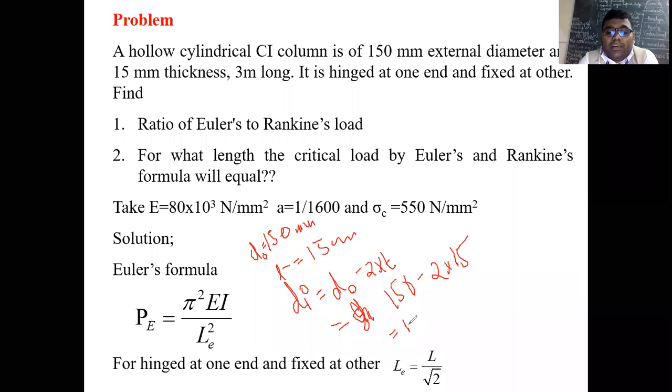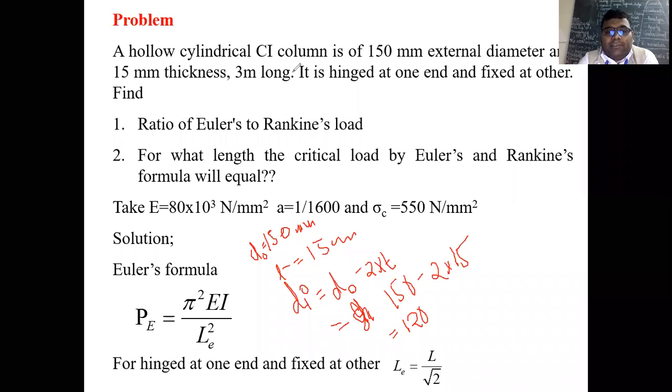So d inner is equal to 120. This way you can calculate the diameter of the inner cylinder. So there are two diameters, inner and outer diameter, of the given cylindrical column, which is made of cast iron material.